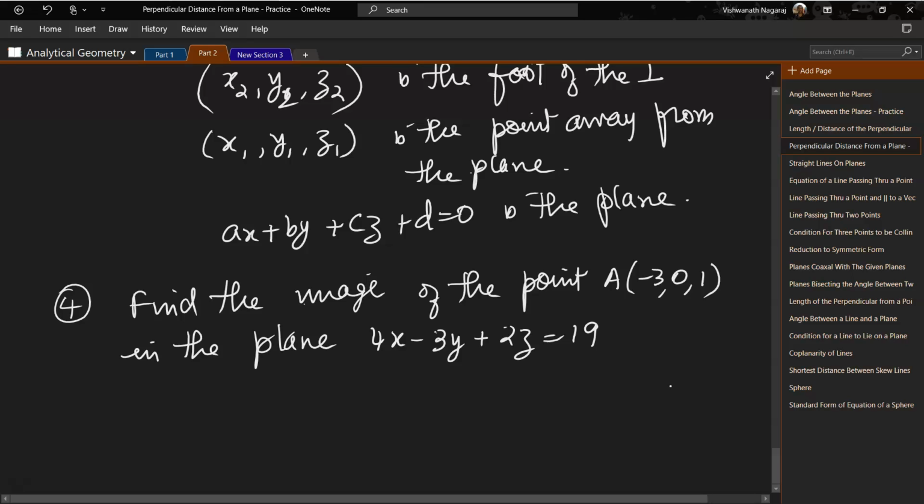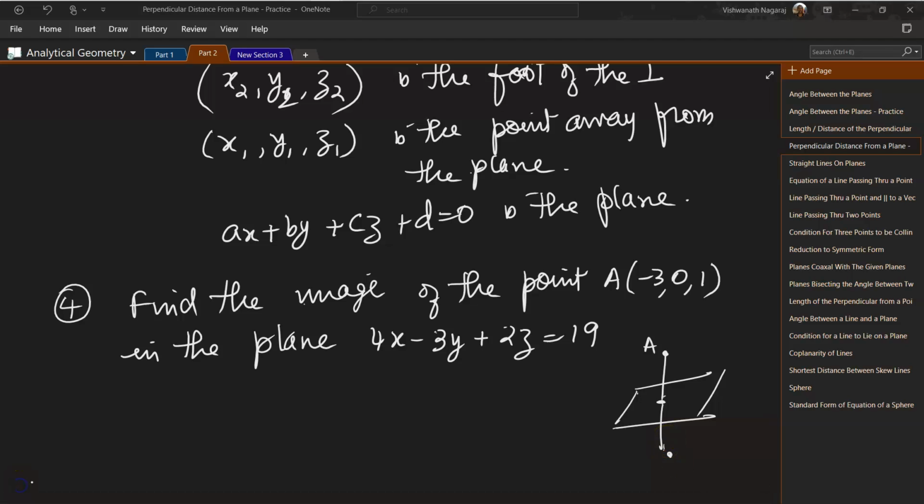What we need to find is the image. Now what's an image? If this is your plane and if this is the point A, then this is the foot of the perpendicular. We have to find the image, that means the point on the opposite side of the plane, equidistant.